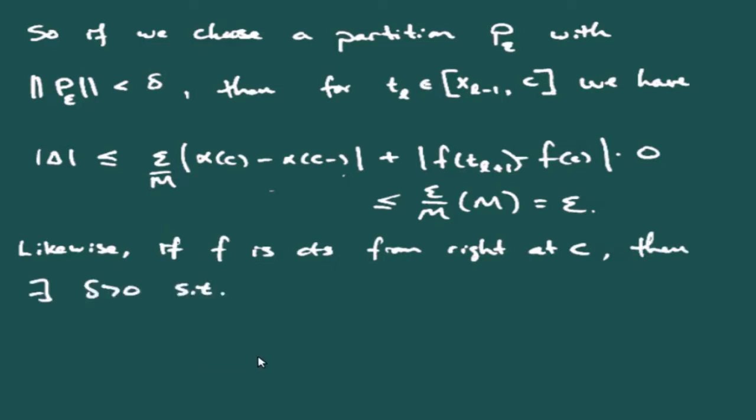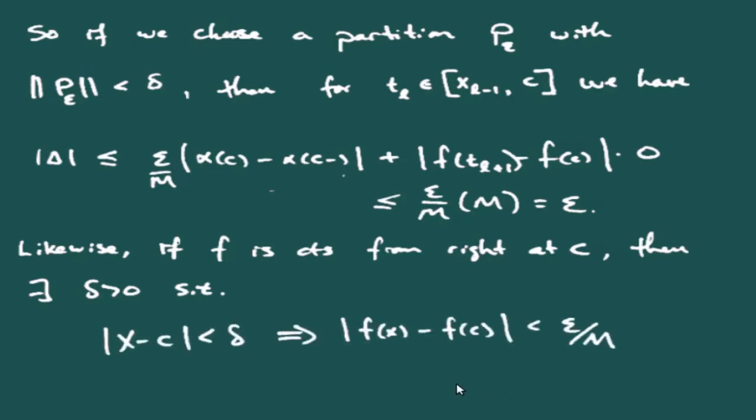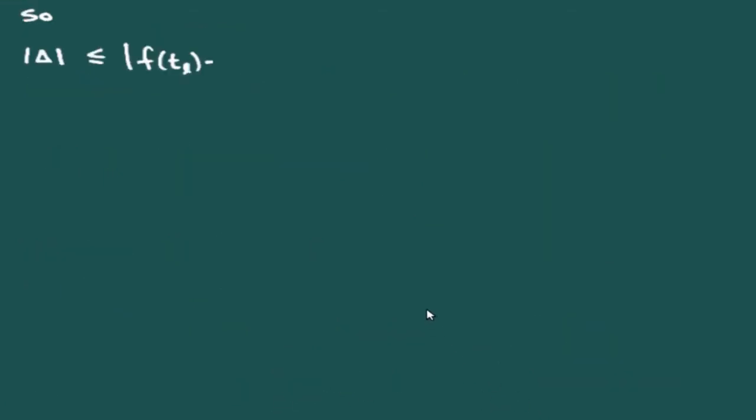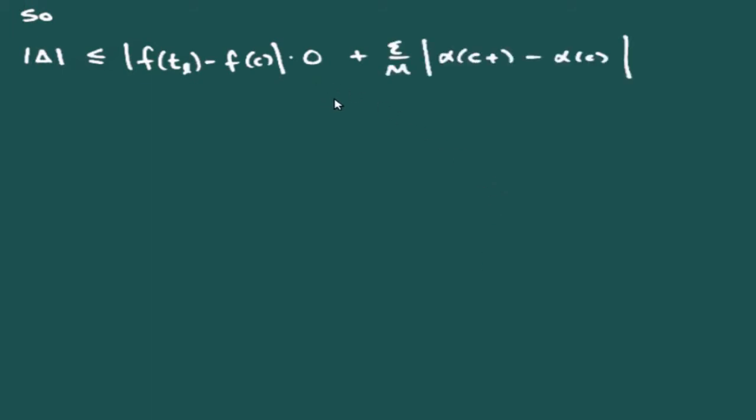But then if we assume that alpha is continuous from the left at c, something similar happens: the absolute value of delta is going to be less than or equal to the absolute value of f of t sub l minus f of c times 0, because we're assuming continuity of alpha from the left at that point, plus epsilon over m times the difference of the limit as alpha approaches from the right minus alpha of c. But that's less than or equal to epsilon over m times m to give us epsilon again. And so that takes care of the proof.